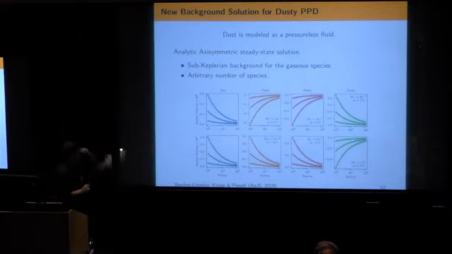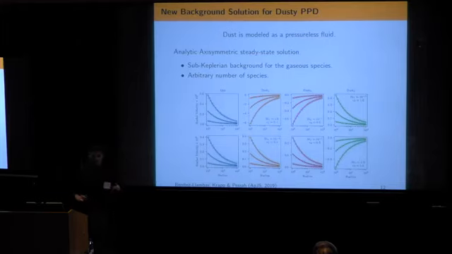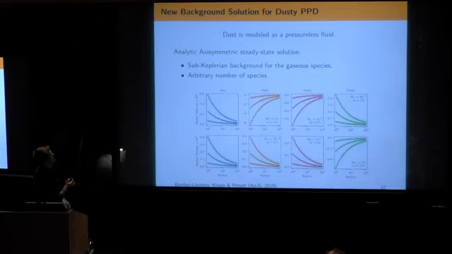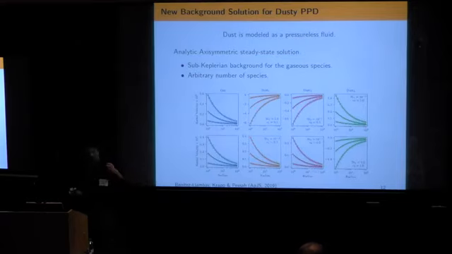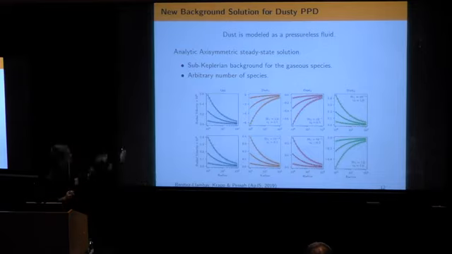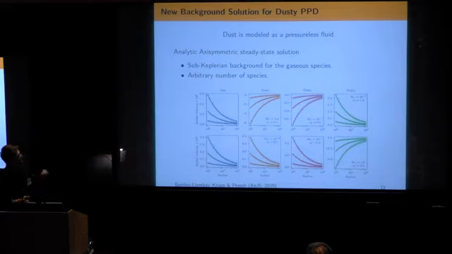The test suite consists of analytical or exact solutions for many different problems that are general for an arbitrary number of species. That was something new, and part of that is a new background solution. There is this famous solution from Nakagawa, where you assume a Keplerian background and you expand your equation assuming that the drag force is a perturbation, and you keep only the first-order term in the velocities, and then you have solutions, but for two species.